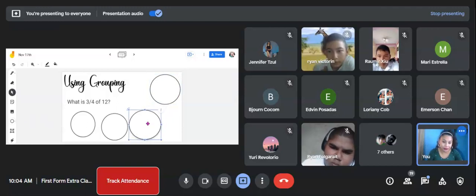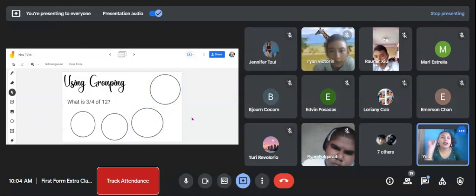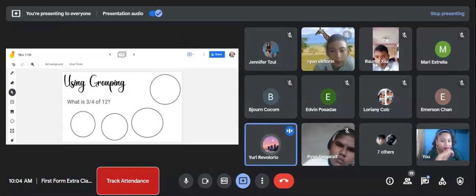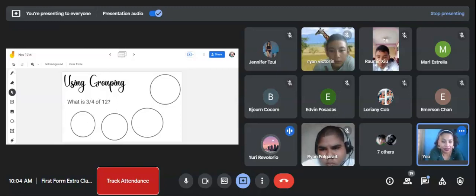And I have 4 groups. Now, what am I going to be doing? And fill in the chili, that's a circle. Why 3?